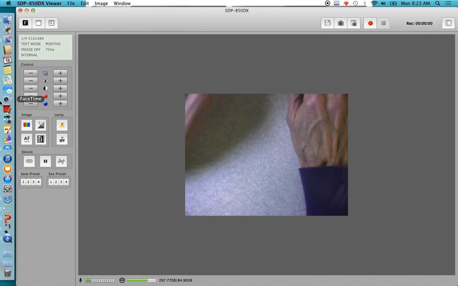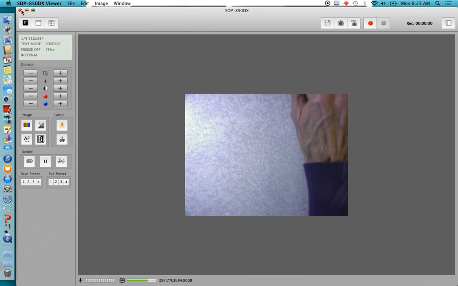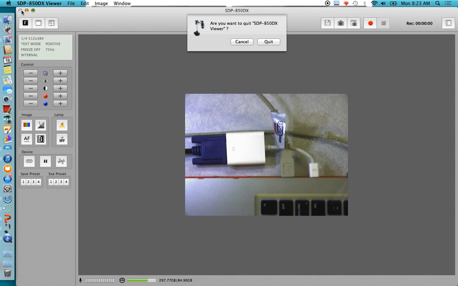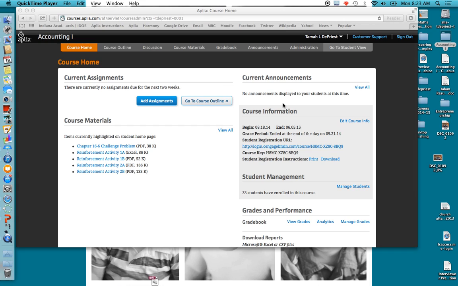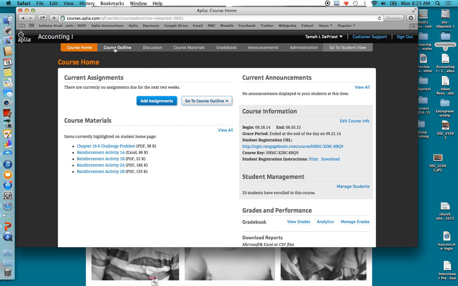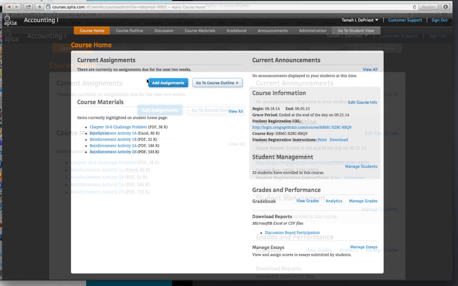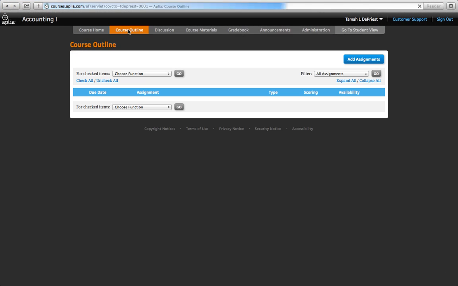So let me move that away, and let's get out of the overhead projector and go to Applia and look at 11-2. Come on. I thought I already had it pulled up, but apparently I did not.